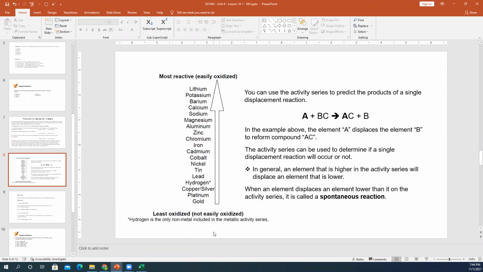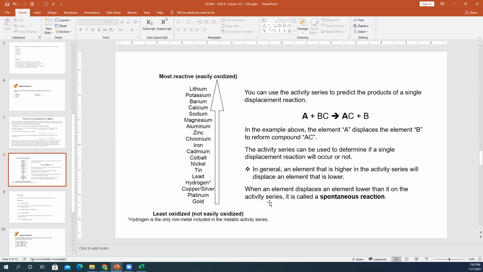And if you can see, hydrogen, which is starred right here, is the only non-metal that is included in this metallic activity series. This activity series of metals includes hydrogen. And you might be wondering why, and I urge you to go and find out why.